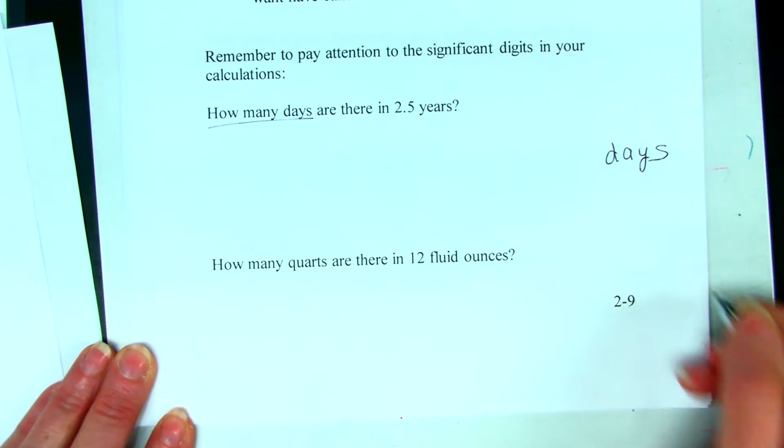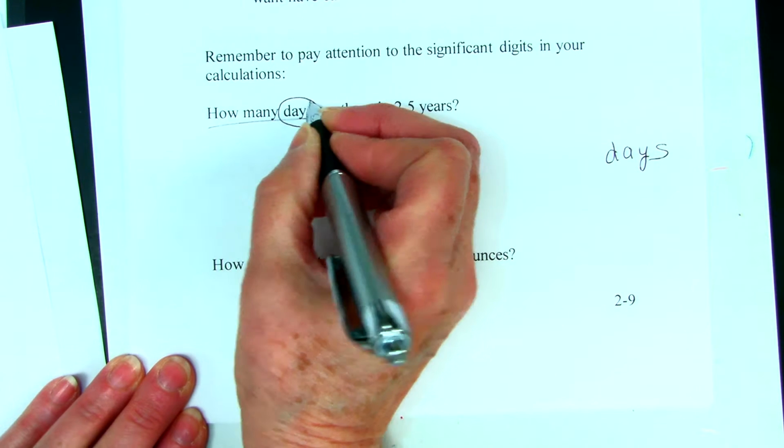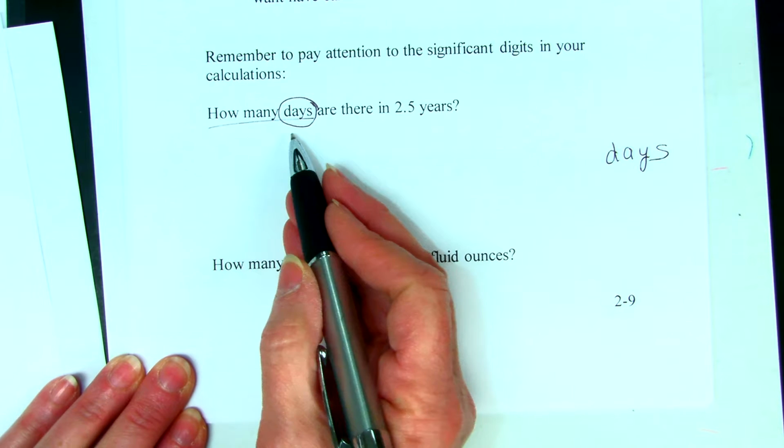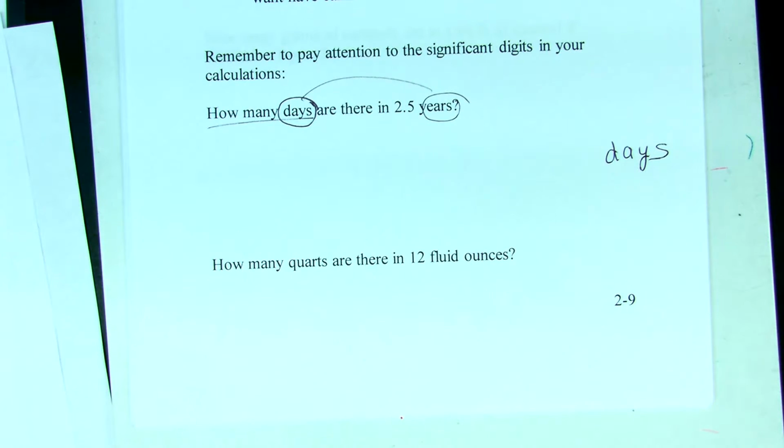So I write down the unit I want over on the right side of the paper. And that's what has to be on top. Now, we look up or figure out all our conversion factors that apply to the problem. Well, I have the need to have my answer in days, but I have years. So we need a relationship between days and years. Who knows what that is?